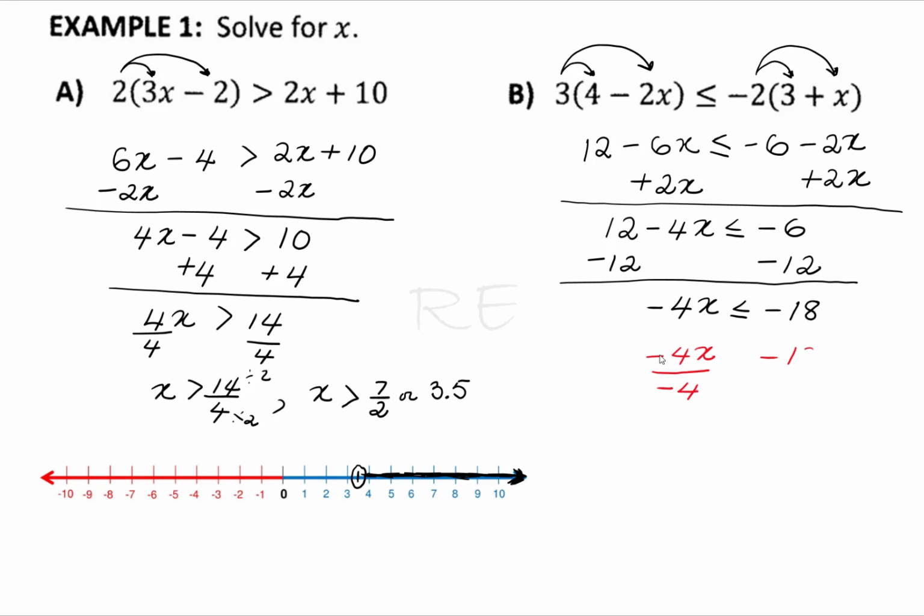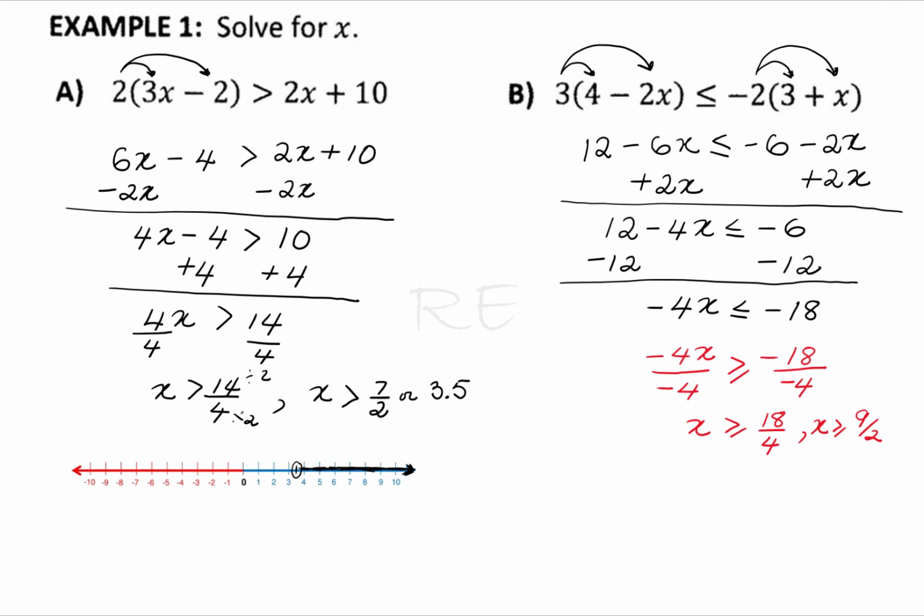And when we do, we have to reverse the inequality because we are dividing by a negative number. X will therefore be greater than or equal to 18 over 4, which when reduced is 9 over 2. 9 over 2 is 4.5.